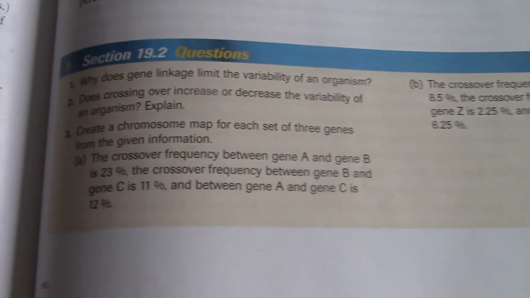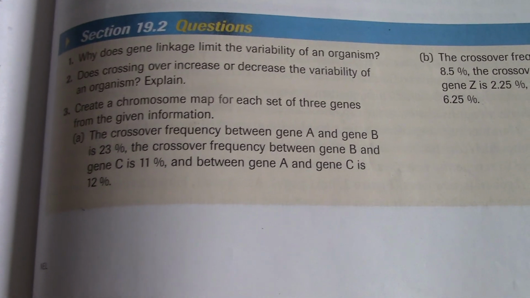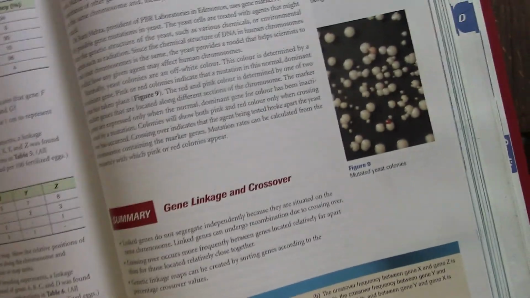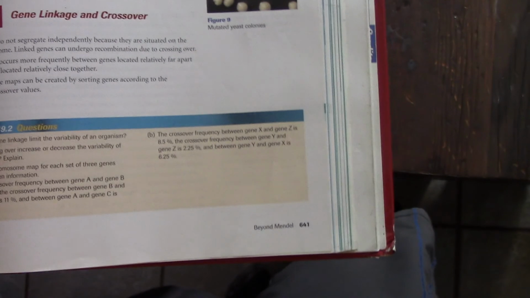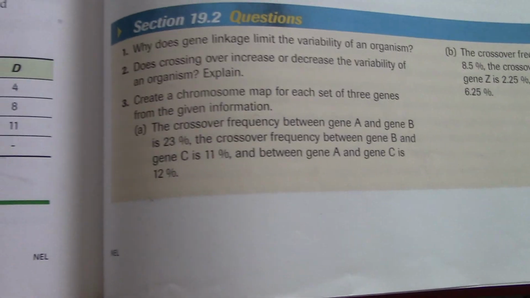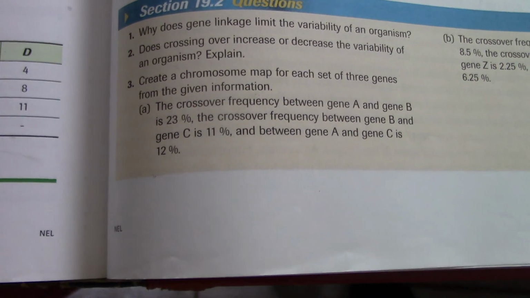So I'm going to look at question 3, and then I'm going to do a bunch of questions from your key, and then I'm going to wrap it up. Okay, so Nelson, page 641, question number 3 says, create a chromosome map for each set of 3 genes for the given information. So here's what we've got.